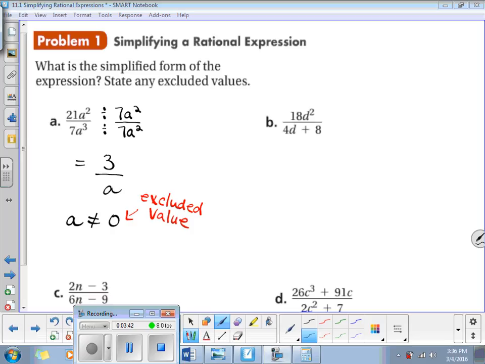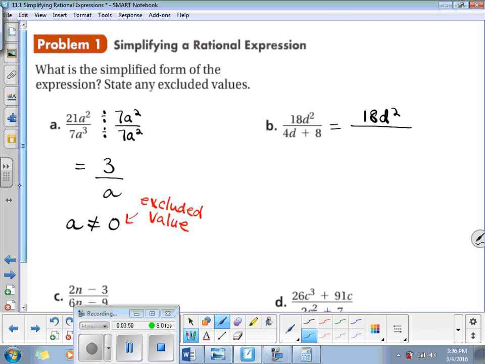We can factor out a 4, so we rewrite the numerator as 4 times 18d squared, and in the denominator we factor out the 4 and are left with d plus 2. Now it's all multiplication, so I can simplify.